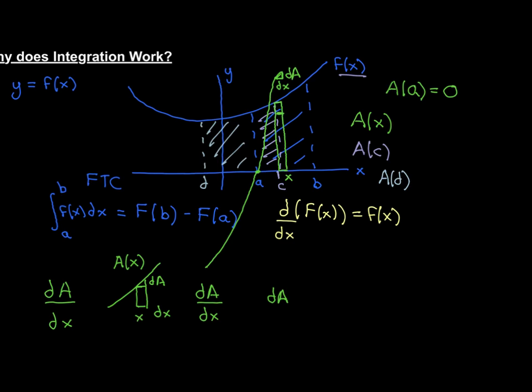And of course the height of that rectangle is just going to be f evaluated at x. So that would mean that the area of that rectangle would be f of x times the tiny little change dx. So f of x is the height of the rectangle, and dx is the tiny little width of the rectangle here.